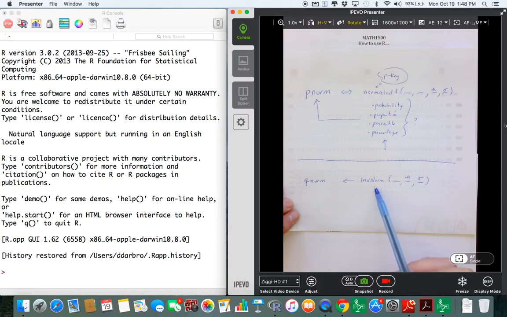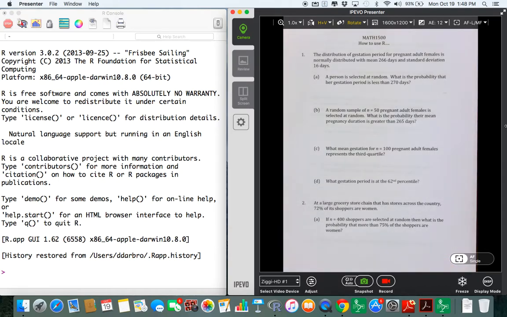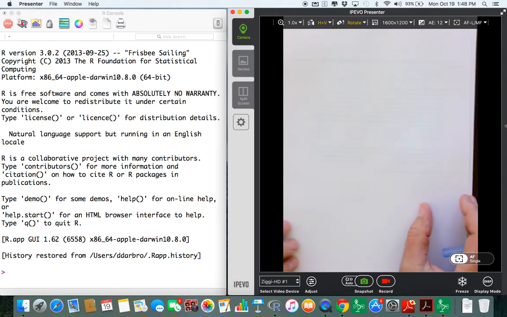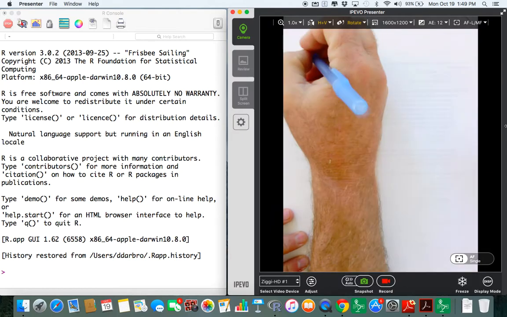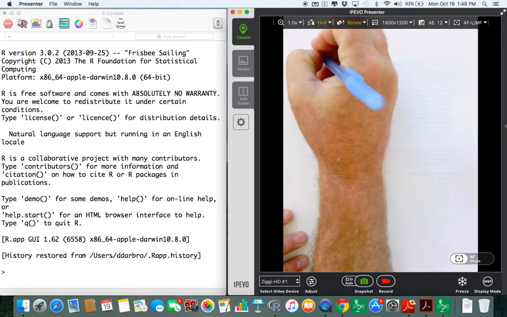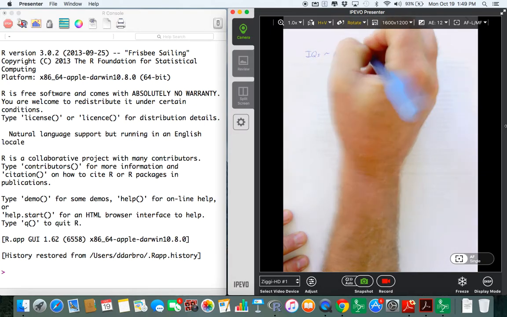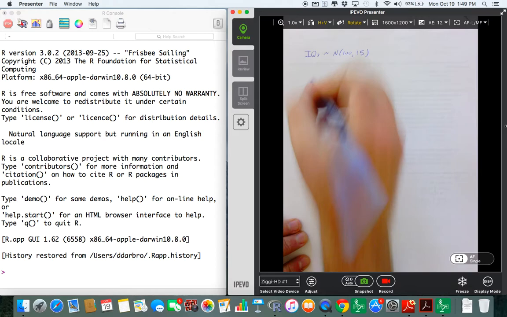We're trying to find the score from the distribution that has that particular characteristic. Now, let me give you an example of the difference. An example of the 2 types of problems that we run into: say IQ scores follow a normal distribution with a mean of 100, standard deviation 15.